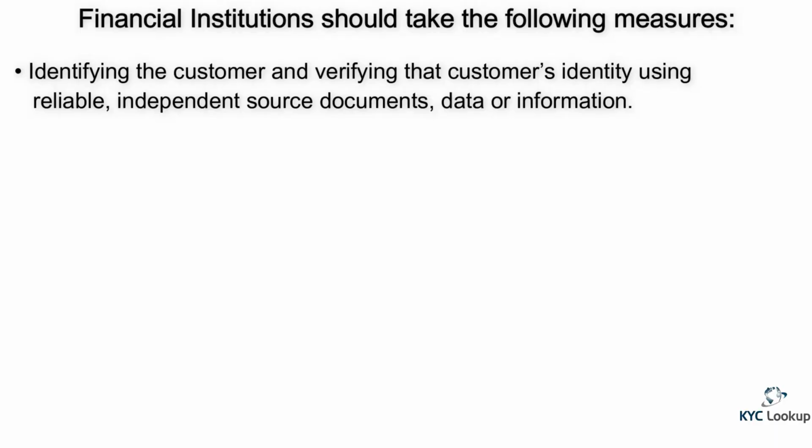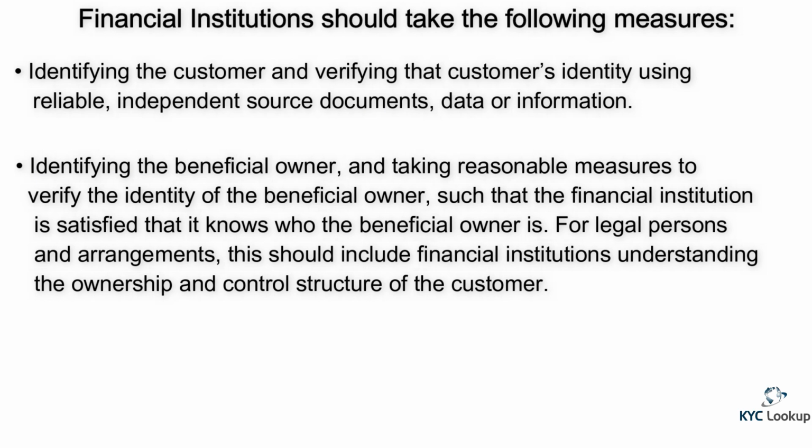In order to satisfy this recommendation, financial institutions should take the following measures: identifying the customer and verifying the customer's identity using reliable, independent source documents, data, or information. Identifying the beneficial owner and taking reasonable measures to verify the identity of the beneficial owner, such that the financial institution is satisfied that it knows who the beneficial owner is.